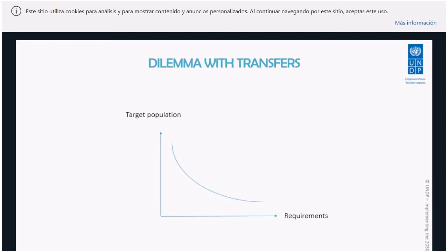So let's say that you want to transfer some money to the largest share of the population as possible, right? So let's say this, right? Let's imagine this is the poor population. So the poor population is composed by all this population.